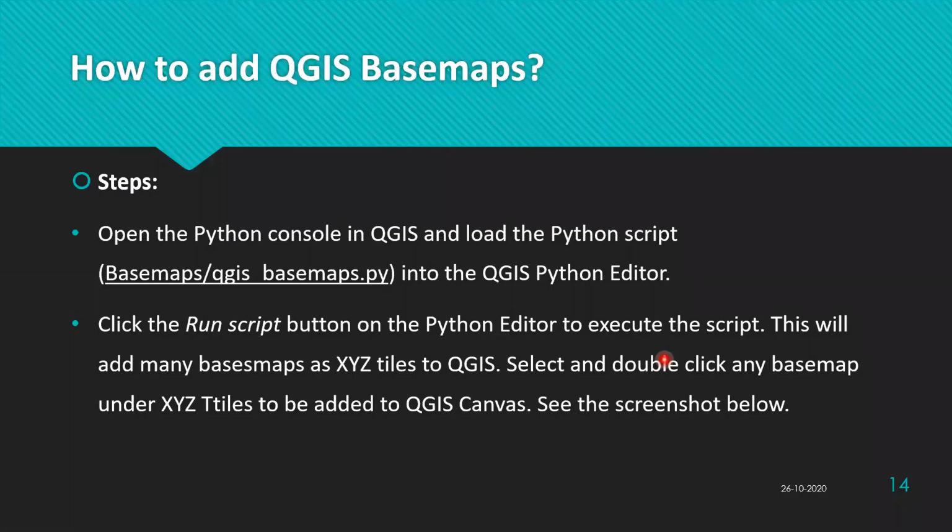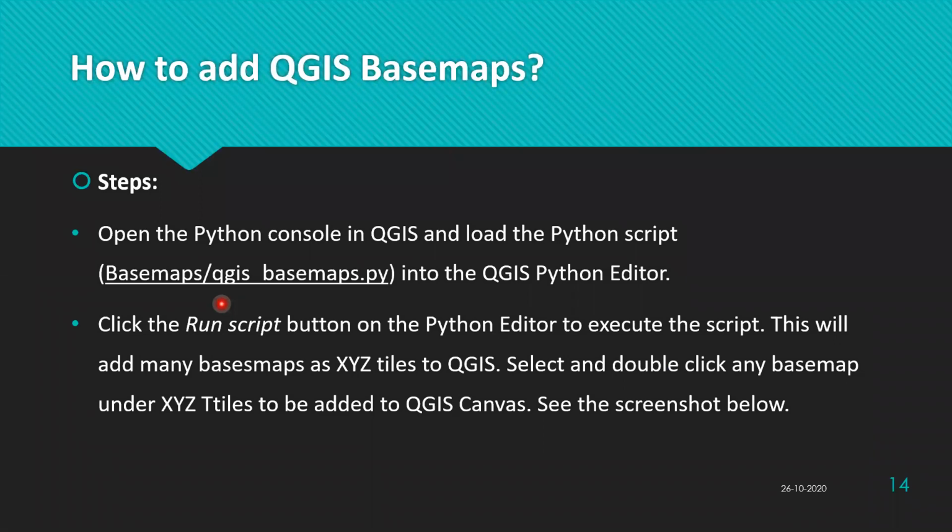But before doing that procedure, you have to install a base map. We have a certain step here: a Python base map script. You need to upload that in the Python editor.